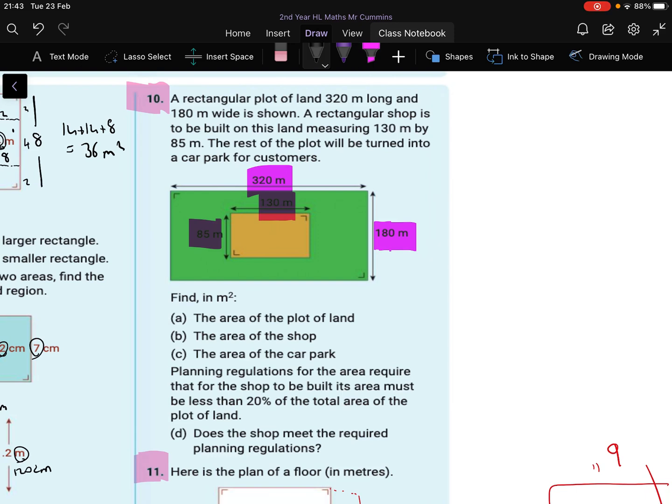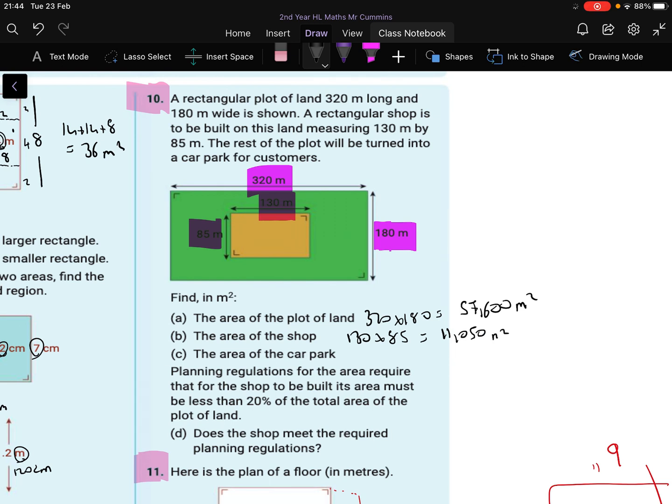Okay, so the area of the plot of land is going to be 320 by 180, which is equal to 57,600, and it's in metres, isn't it? Metres squared. The area of the shop is just 130 by 85, length by width again. 130 by 85 is 11,050 metres squared.